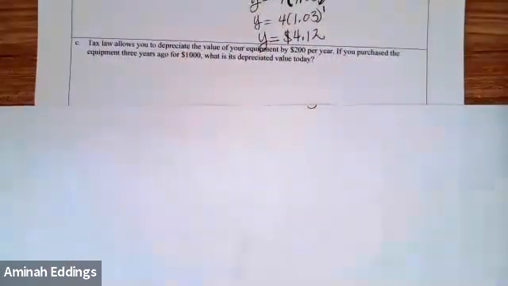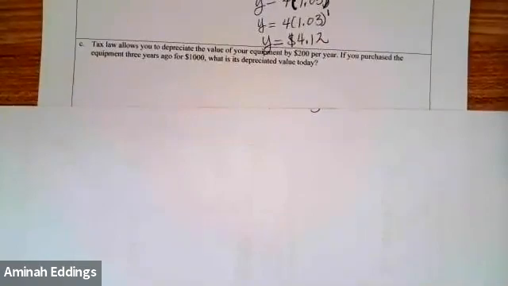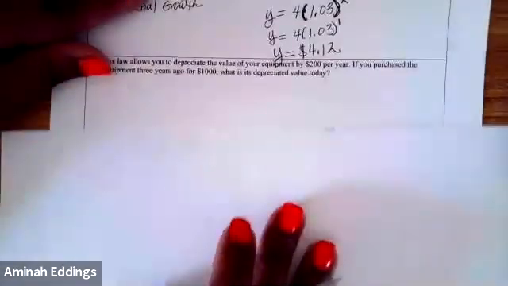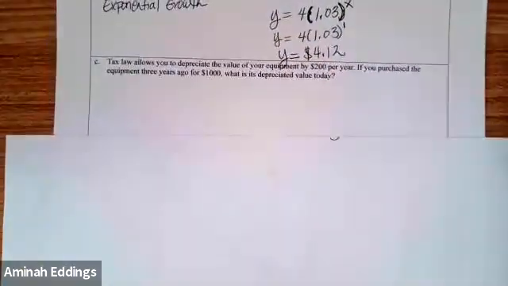Tax law allows you to depreciate the value of your equipment by $200 per year. If you purchased the equipment 3 years ago for $1,000, what is the depreciated value today? Okay, so first of all, is it linear or exponential, growth or decay?